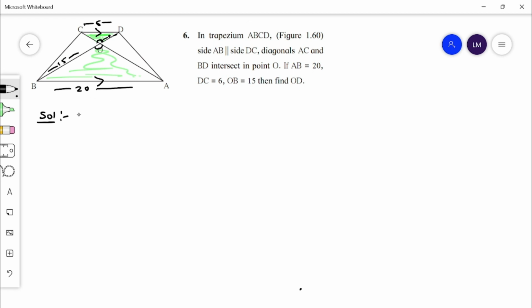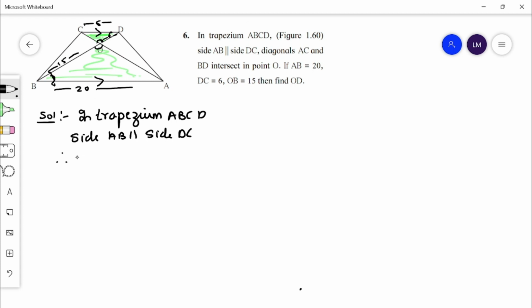Let's continue. So in trapezium ABCD, side AB is parallel to side DC, right? Now, if it is parallel, then alternate angles will also be equal. That means this angle and this angle will be equal.